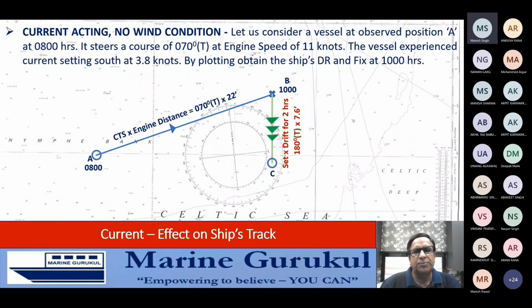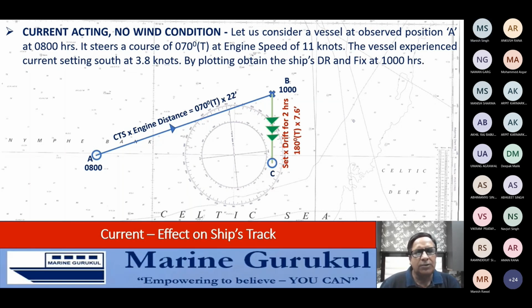We expect the ship to reach point C. So C would be the position of the ship at the end of 4 hours in which both vectors have acted one by one. In our case, both these vectors are acting simultaneously. So both are acting for 2 hours each, but not one at a time, but simultaneously. So the effect would still be the same.